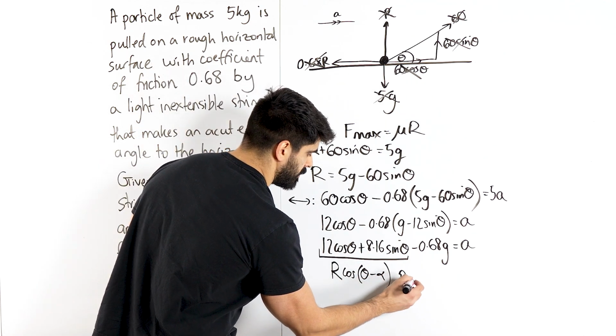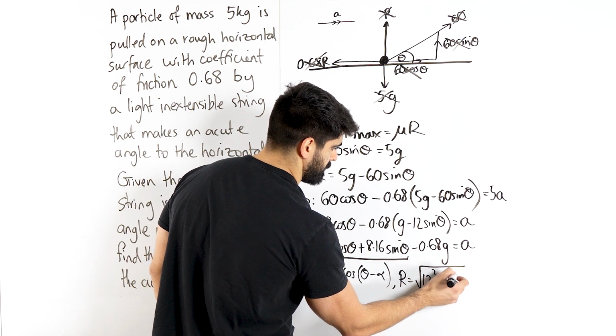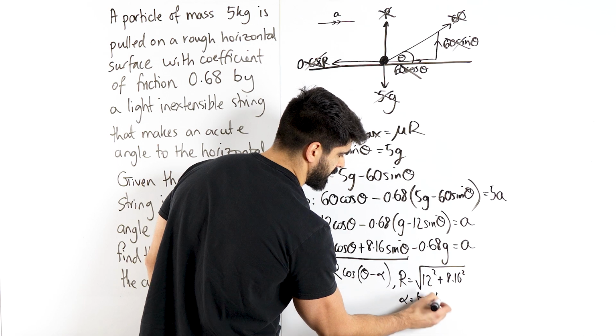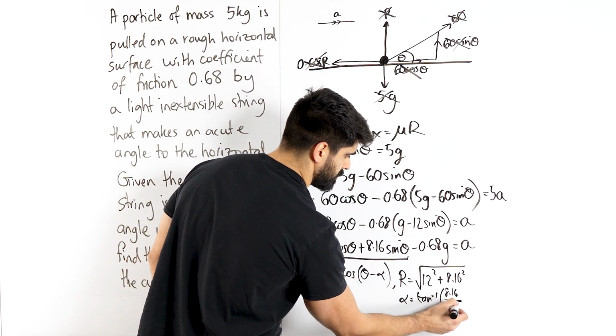Now to work out R, we just do Pythagoras to the coefficients, 12 squared and 8.16 squared, which we'll type in a second. And alpha is inverse tan of the second number, 8.16 divided by 12.